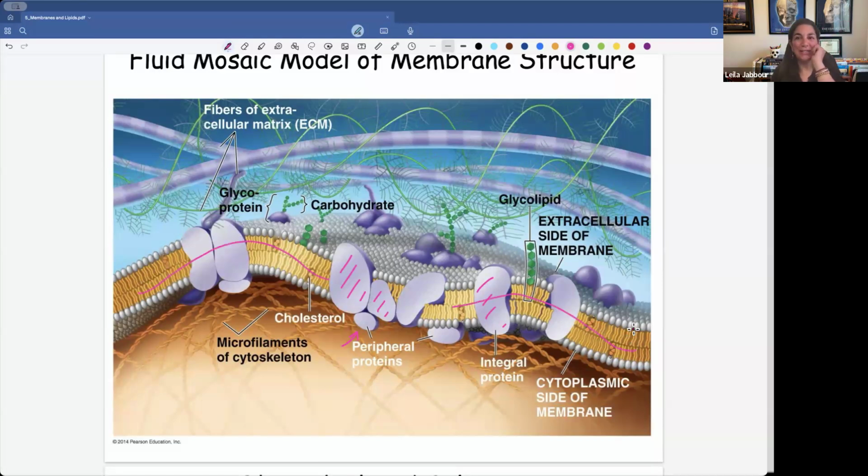There are many things here. There are these phospholipids, and this is what we're going to talk about today. These are lipids, and they form the core of the membrane. The phospholipid is the most abundant molecule in the membrane, because it makes the membrane and other molecules are embedded in it.